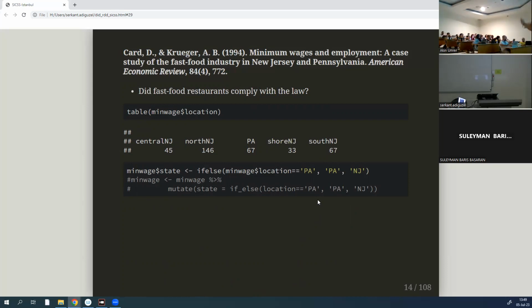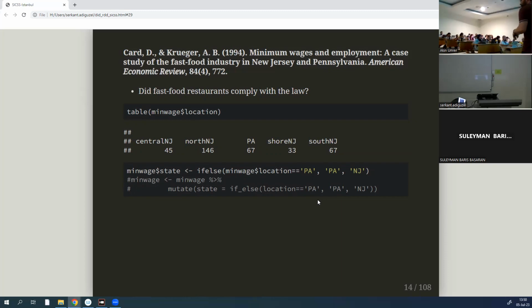So first thing, of course, did restaurants comply with the law, right? Since we are interested in the minimum wage increase, first we need to see whether they comply, whether they take this treatment assignment. So this is the problem with observational data. If this were an experimental setting, we would simply randomize the minimum wage increase to half of the restaurants, and assuming that they had to comply, it would make things easier.